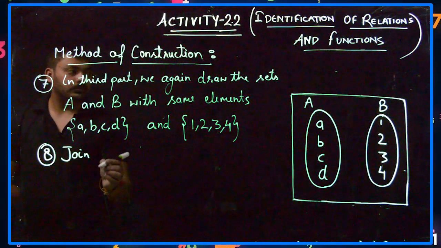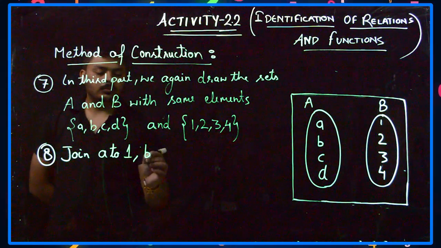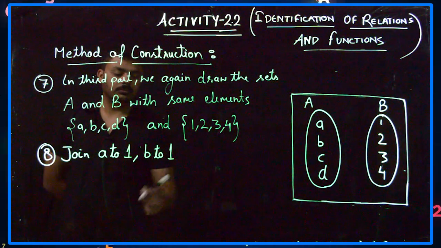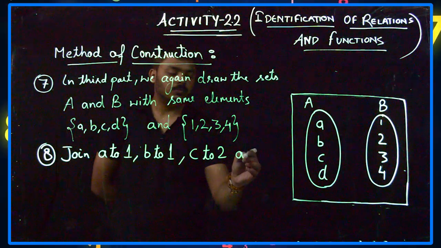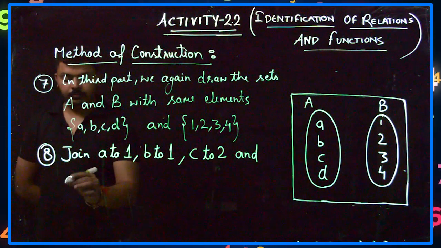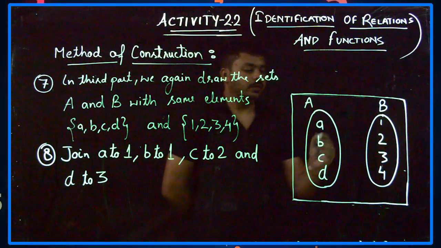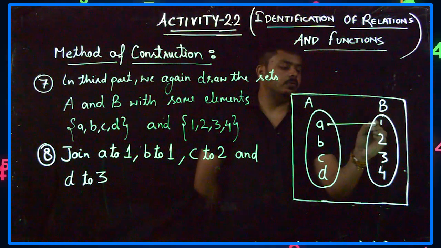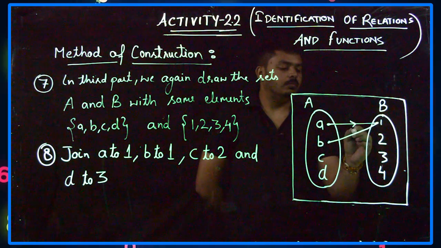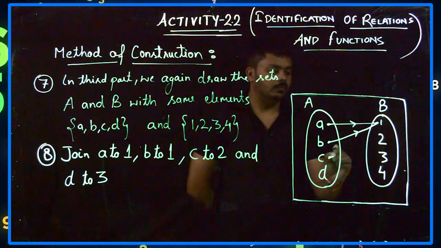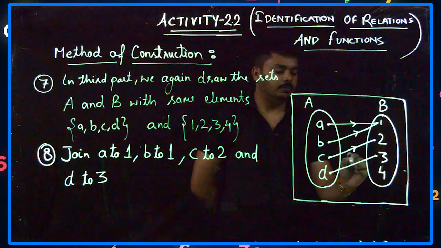Now step 8, join A to 1, B to 1, C to 2 and D to 3. That is, let's join A to 1, B to 1, C to 2 and D to 3.